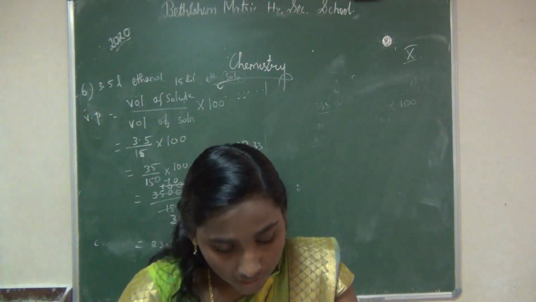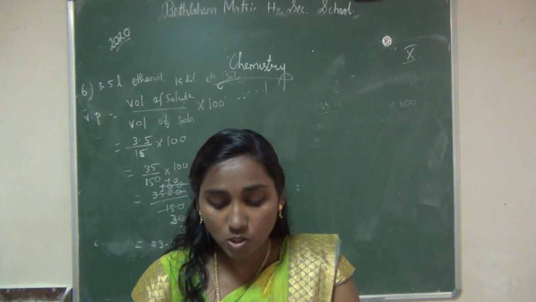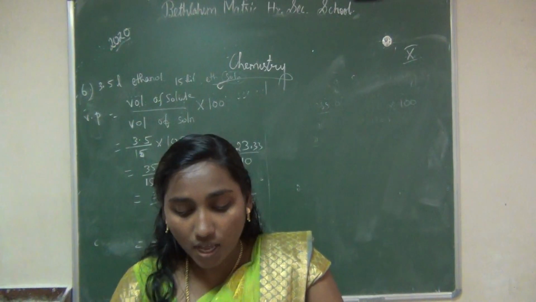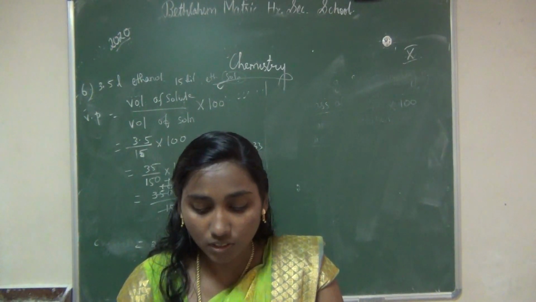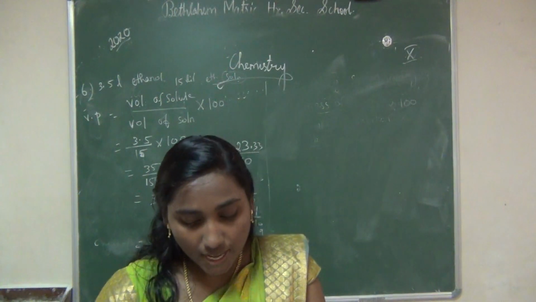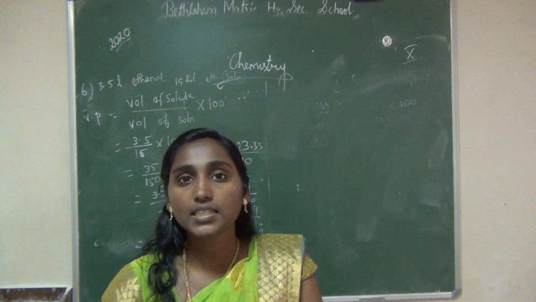Once again I am reading: 50 gram of sugar in 250 ml of hot water will dissolve faster as solubility of a solid solute in liquid solvent increases with increase in temperature.